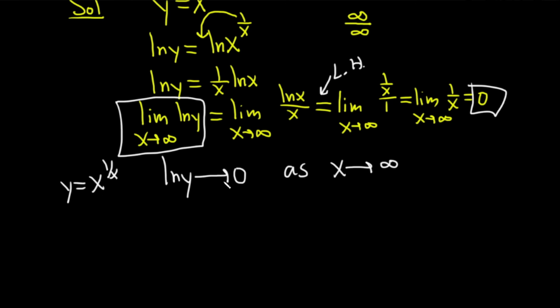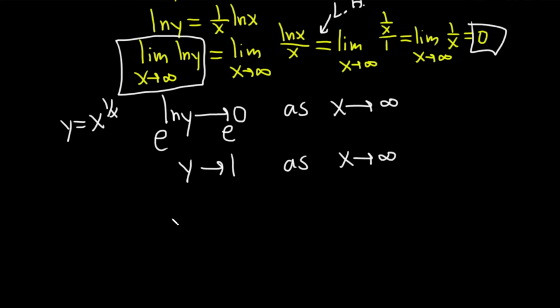We'd like to retrieve y from this. What we can do is exponentiate. So here we get y approaches 1 as x approaches infinity. But what's y? y is x to the 1 over x. So we've basically shown that the limit as x approaches infinity of x to the 1 over x is equal to 1. And so the answer is 1.